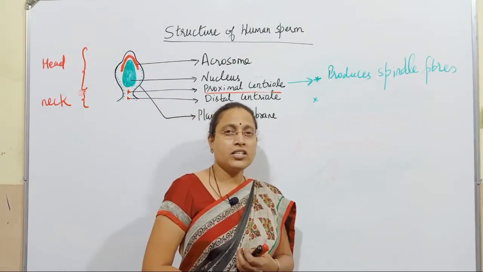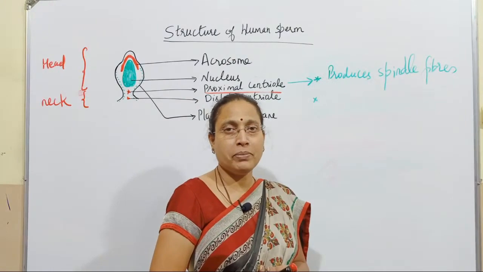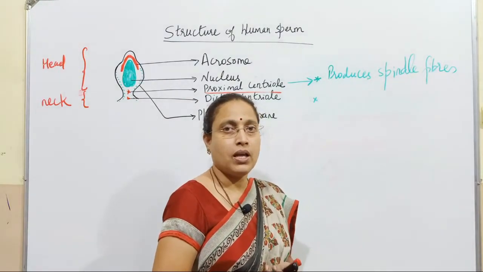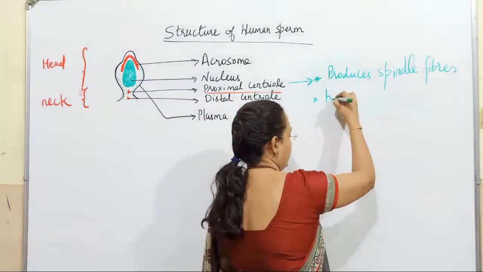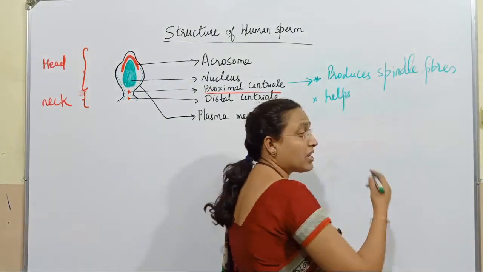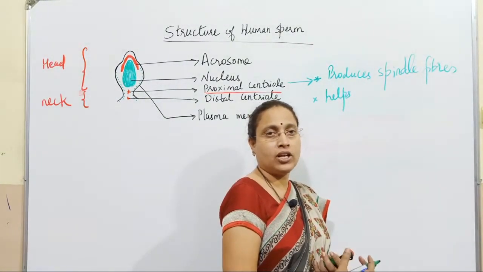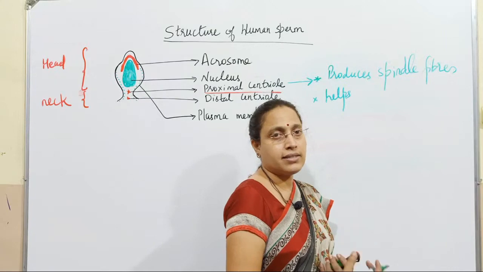Then, due to production of spindle fibers, what is possible? Cell division is possible. So it helps in the special kind of mitotic division occurring in the zygote.